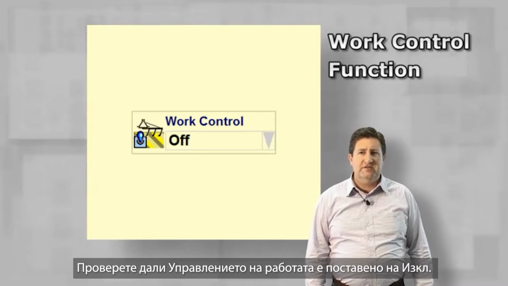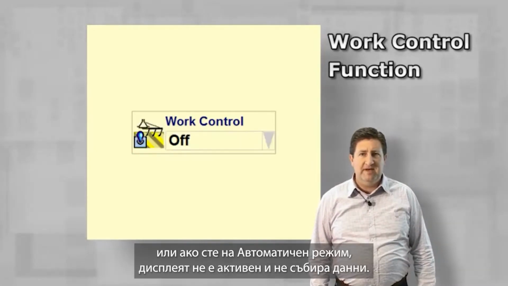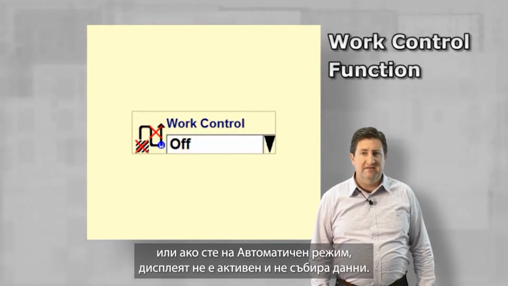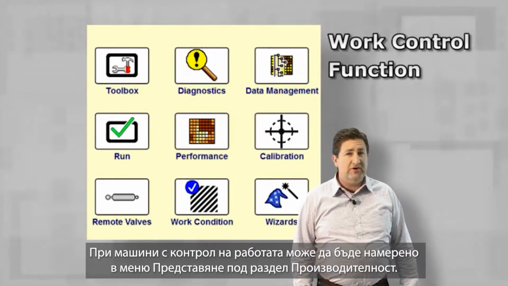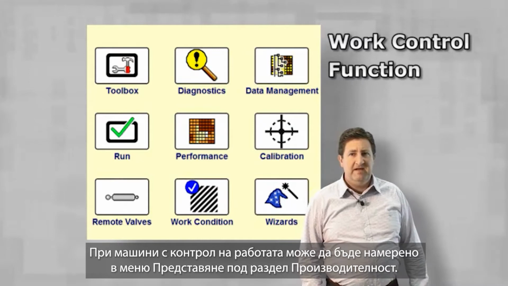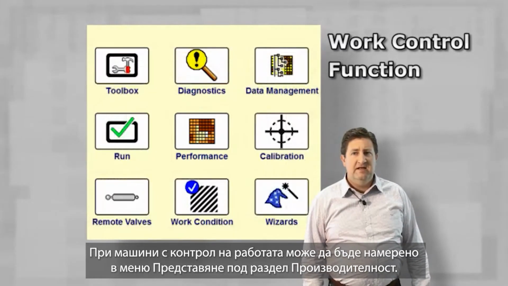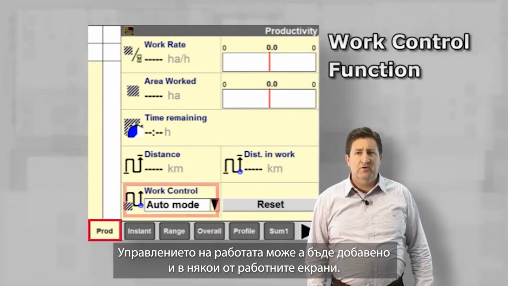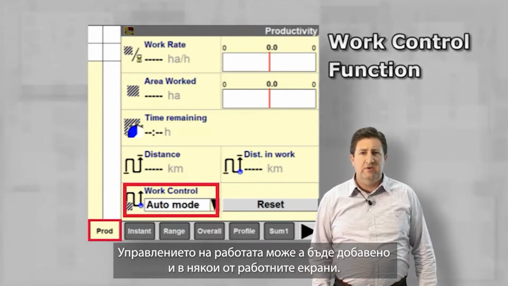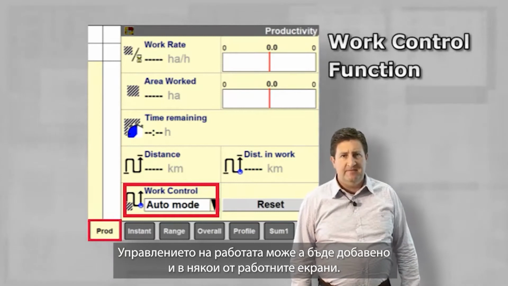Check that the work control setting is off, or when in automatic, that it is inactive and not collecting data. On machines with work control, it can be found in Performance menu and then under the Productivity tab. Work control can also be selected as a window on your run screen layout.